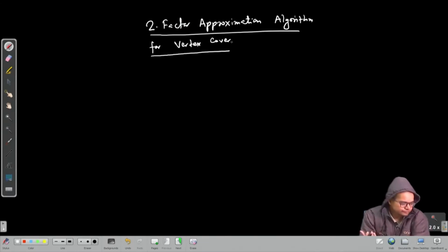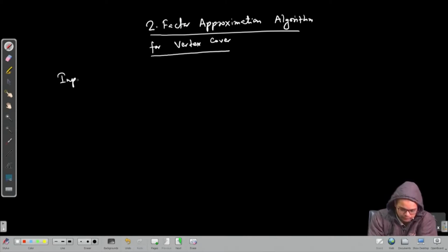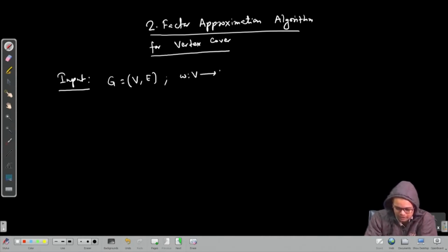We can solve the general weighted version. What is the input? A graph G equal to (V, E), and a weight function from V to real numbers, non-negative weights.